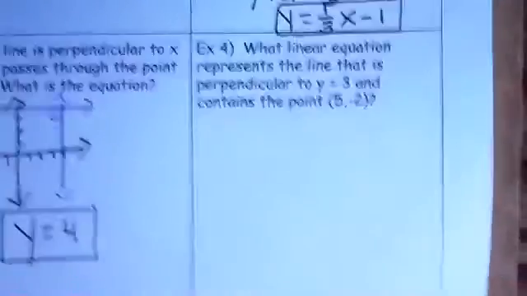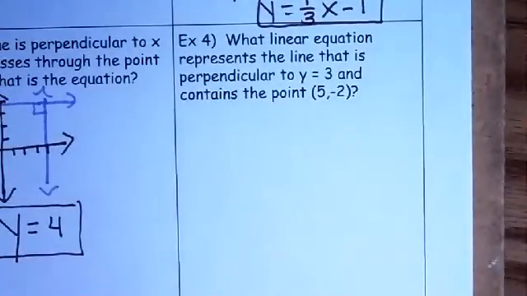So if I go to number 4, it says, what linear equation represents the line that is perpendicular to y equals 3 and contains the point 5, -2?